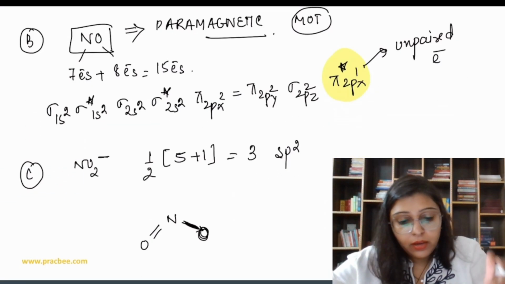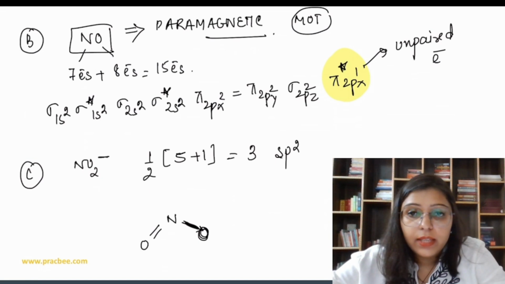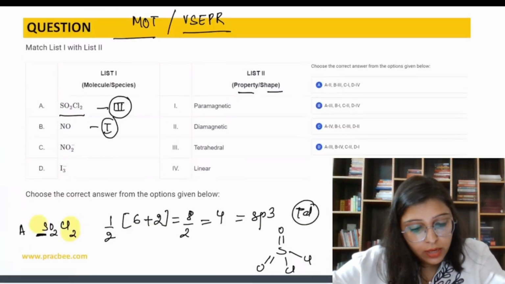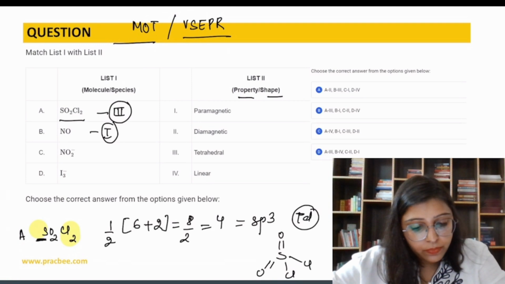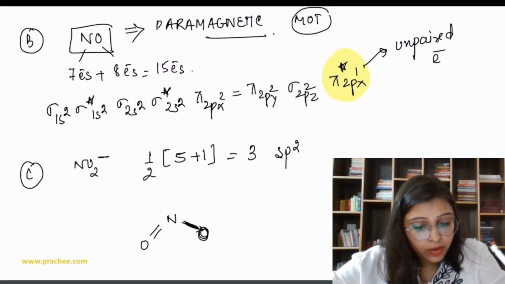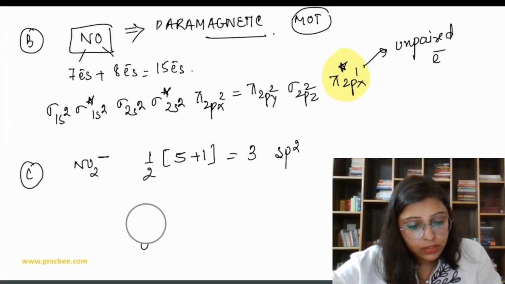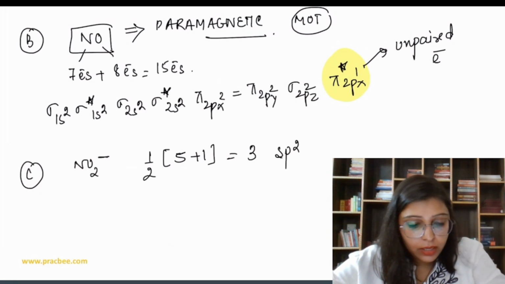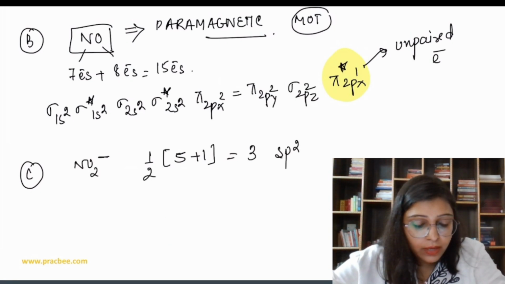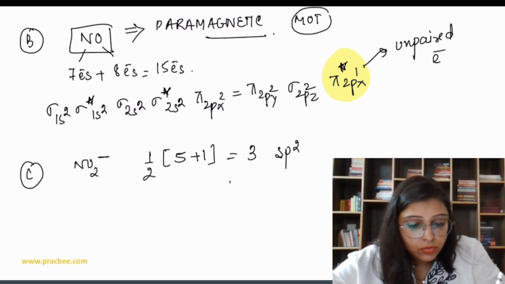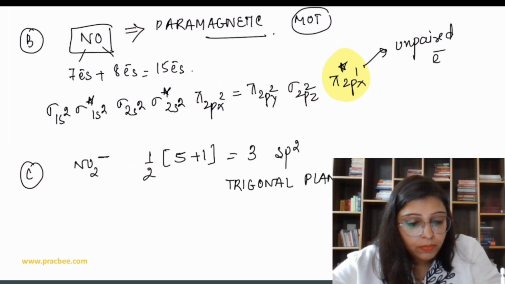So see what we can say about this NO2 minus. It can be sp2, but for sp2 we should have trigonal planar.